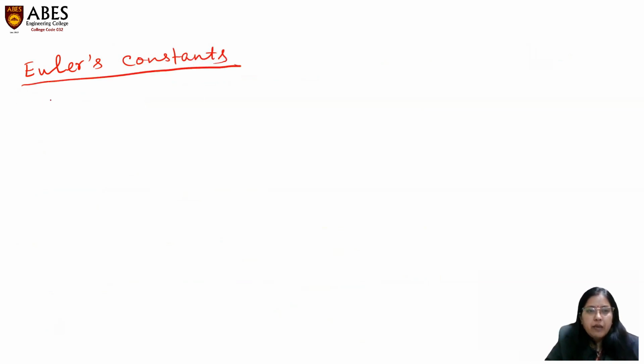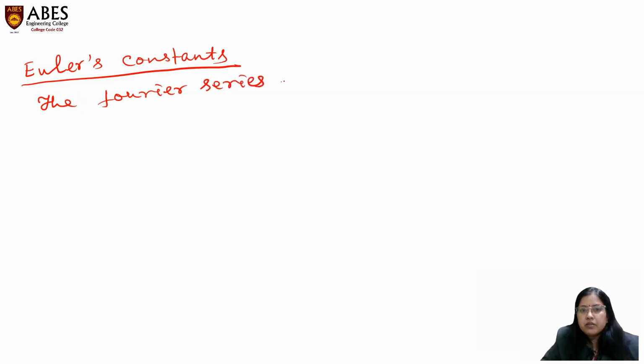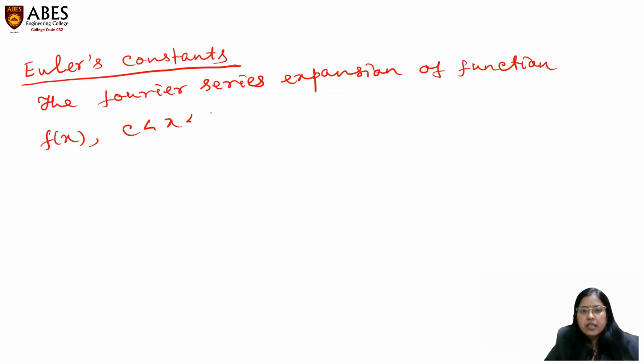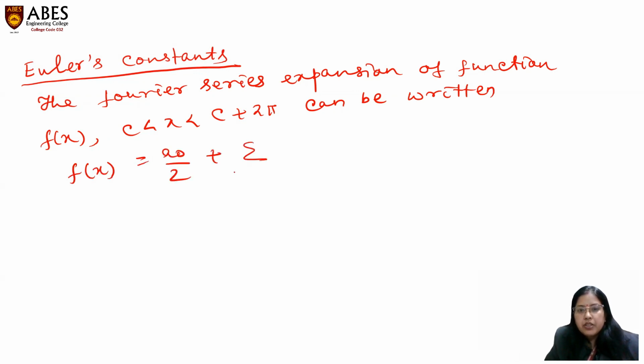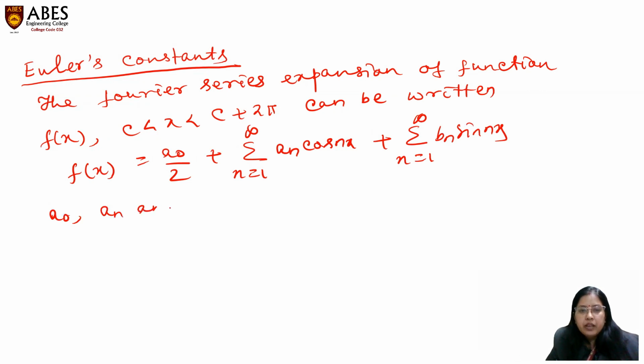Any function f(x) can be represented by the Fourier series expansion in the period c less than x less than c plus 2 pi, which can be written in the form f(x) is equal to a naught by 2 plus summation n varies from 1 to infinity an cos nx plus summation n varies from 1 to infinity bn sin nx.